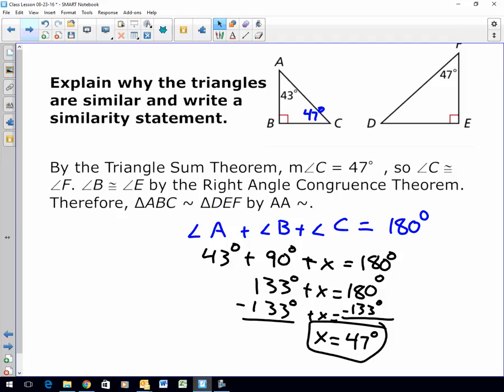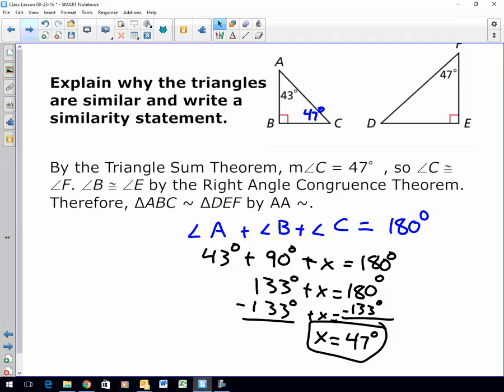What is that first angle-angle postulate that we said? You guys wrote it down. This is why you write these things down. If two angles in two different triangles are congruent, then the triangles are similar.